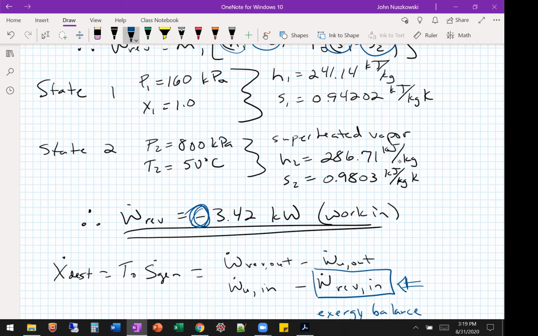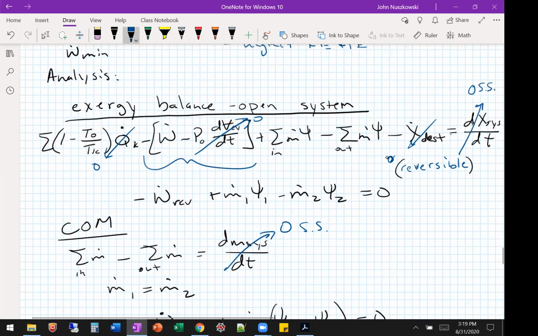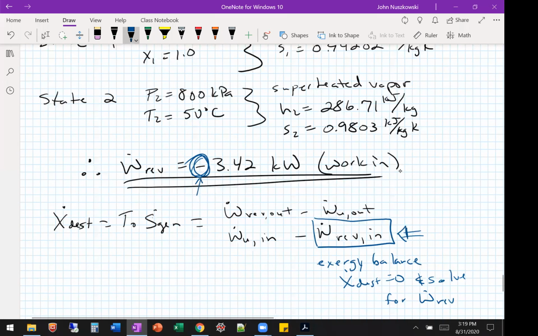That negative told us it was work in. If we had gotten a positive value when we solved, that would have been work out. We came up with the opposite of what we assumed, so it's work in in this example. Okay, work consuming.